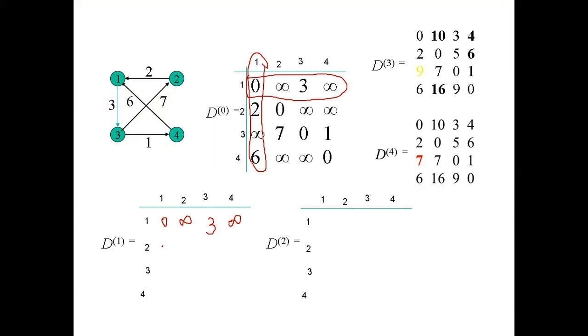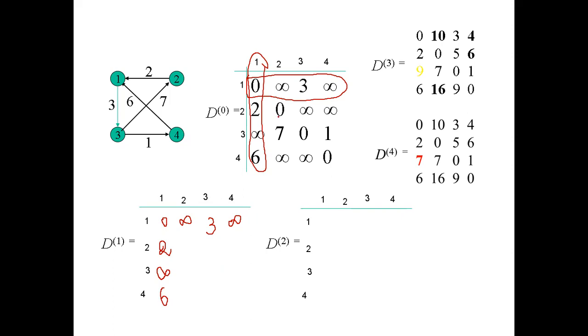Those values are going to be written as it is. So, it is going to be 0, 2, infinity, and then 6. The remaining values must be calculated using the formula. Using the given formula, we have to calculate the remaining values.